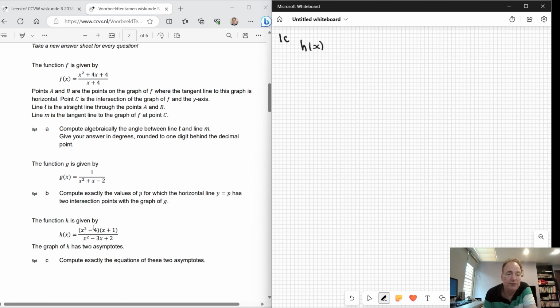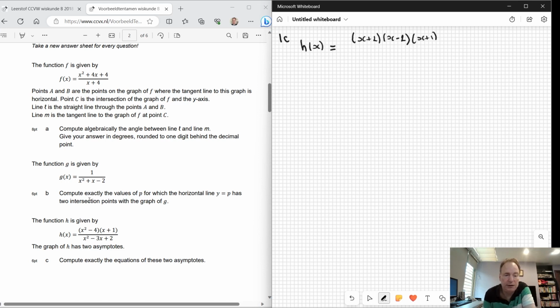So x squared minus 4, some of these forms you need to be able to immediately see that you can write this as x plus 2 times x minus 2. The cross term will vanish. And so times x plus 1.